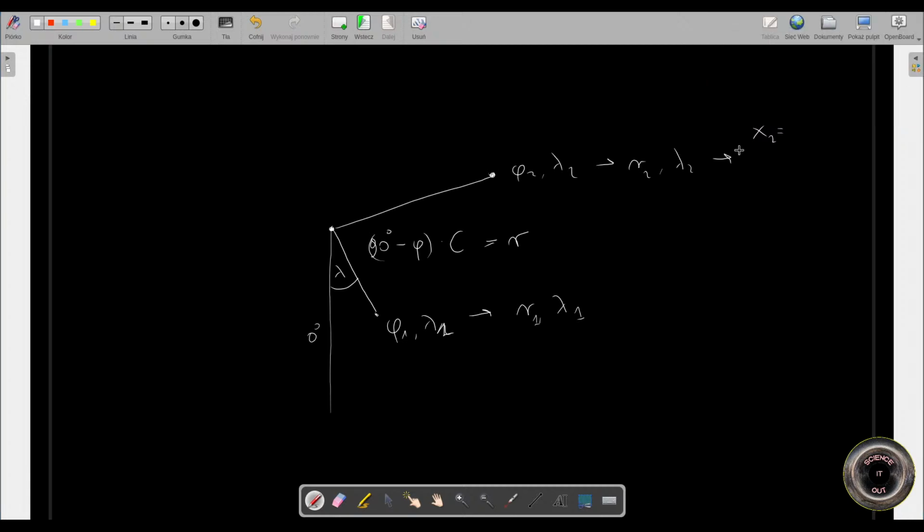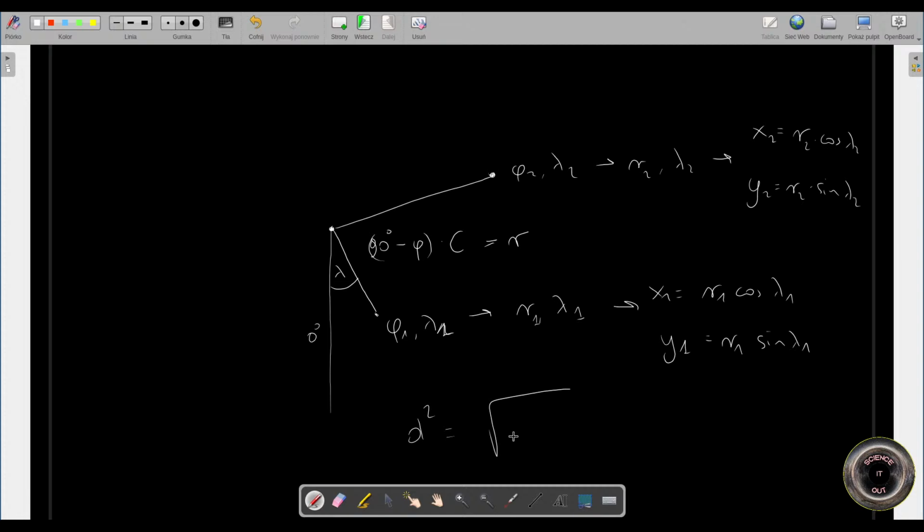For this we have x2 equals r2 times cosine of lambda 2, y2 equals r2 times sine lambda 2, and the same here, x1 equals r1 cos lambda 1, y1 equals r1 sine lambda 1, and we have just xy coordinates, and so we can calculate the distance by the square root of x1 minus x2 squared plus y1 minus y2 squared.